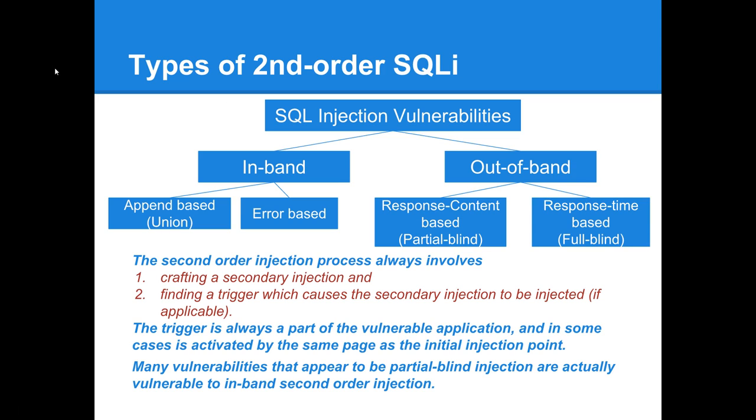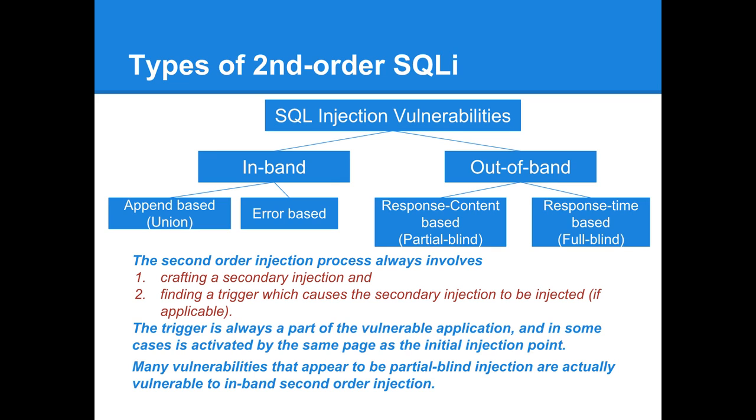And in many cases, pen testers falsely classify partial blind injection vectors when they are instead very commonly vulnerable to in-band second-order injection, because they don't understand what the second-order nested query is. Therefore, they're not really able to sanely manipulate the content and append a union select query to it and get sane data out of it, because they can't really observe that they're affecting some, not direct query, but a nested subquery.